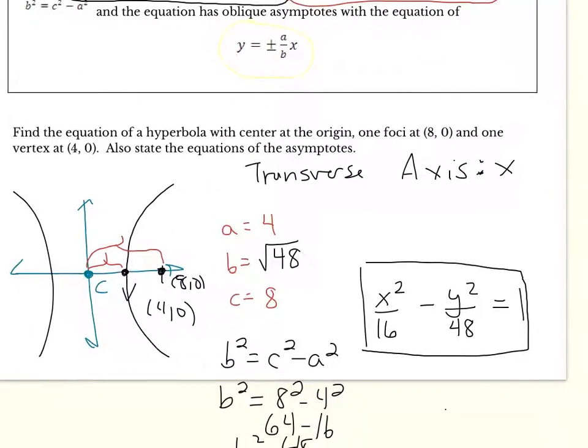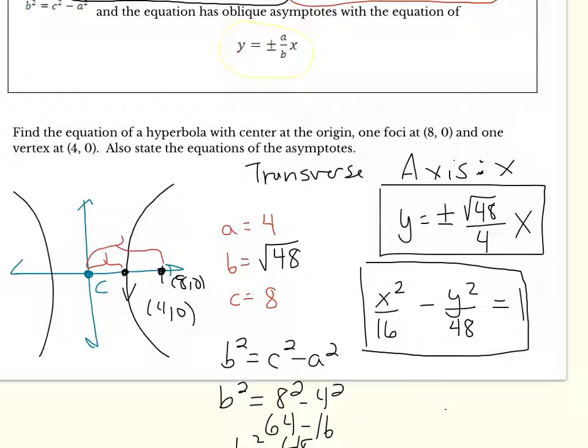So it's b over a. So our asymptotes are just y equals plus or minus the square root of 48 over a, times x. So this is the equation of my hyperbola, and these are the equations of my asymptotes.